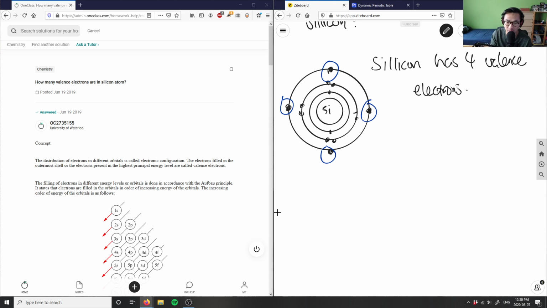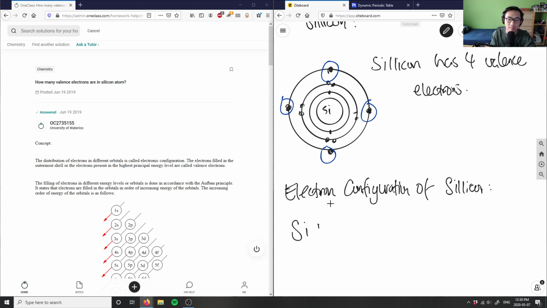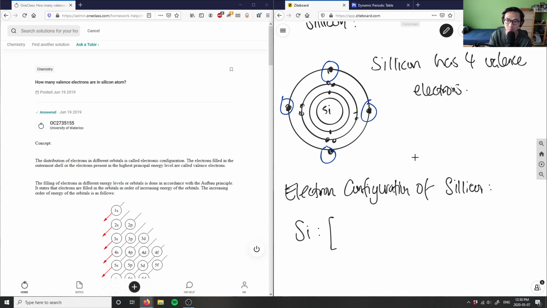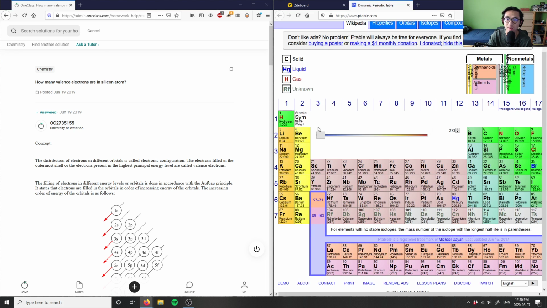But if we want the electron configuration of silicon, I have to write Si, colon, and my square brackets. Silicon has 2 electrons in the first energy level, so it's 1s2.